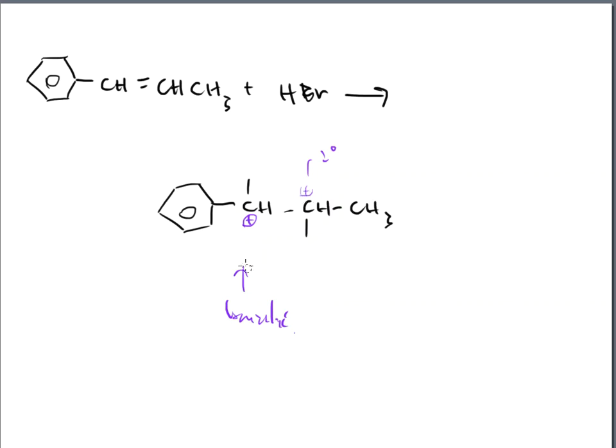So when I go and add on my H, I'm going to add the H onto the carbon that is the least stable. That was what Markovnikov's rule basically said. So hydrogen's going to go here. And this will allow me to form a carbocation at that position. That is a benzylic carbocation. That benzylic carbocation has been stabilized, and it's been slightly more stabilized because of the delocalization that happens in the benzene ring.